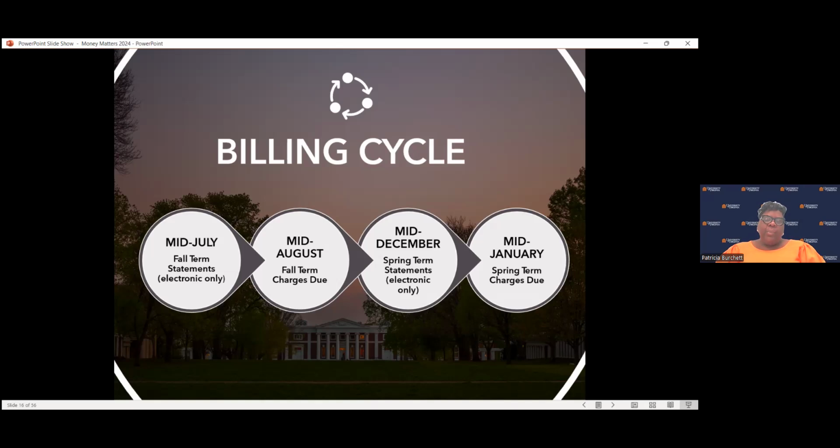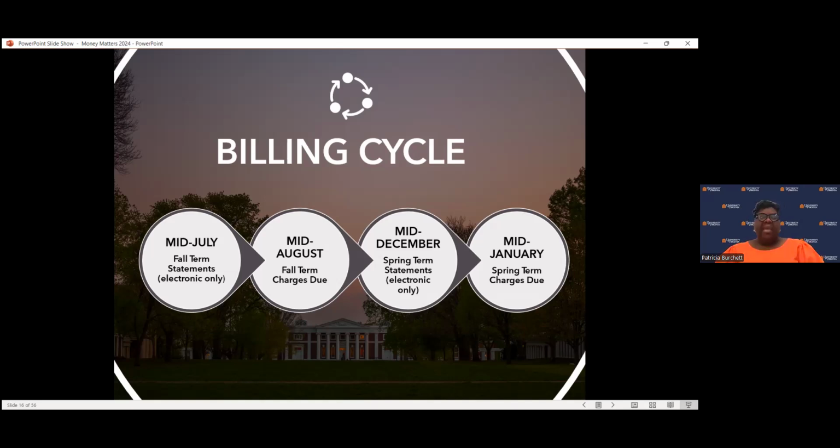And the mid-August deadline for fall term charges due is not accurate on this particular piece of information, and again, the leading factor is the FAFSA being delayed. The fall charges are not due until September the 6th.